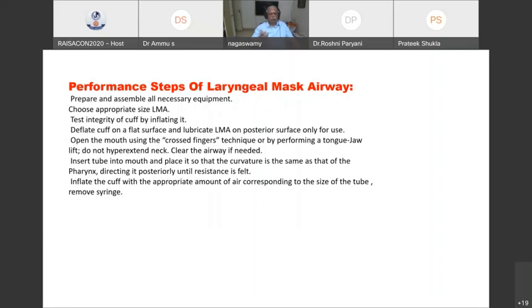One is, as you inflate the air, watch for the appropriate distension of the reservoir bag. Stop inflating air into the cuff at that time. Squeeze the bag. Listen for any leak sound. If there is no leak sound and the bag immediately refills nicely, then that is the appropriate volume. So it doesn't need to be filled up like 10 ml or 20 ml.